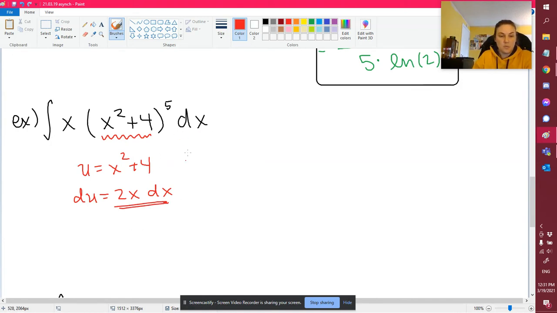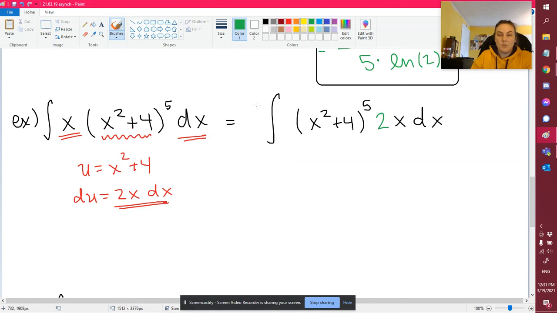Let me do this. So when we rewrite, first off, I'm going to put this in the front. I'm going to put the x in the back. I'm going to add in a 2. I'm going to counterbalance with a 1/2, right? So I rearranged and unsimplified.